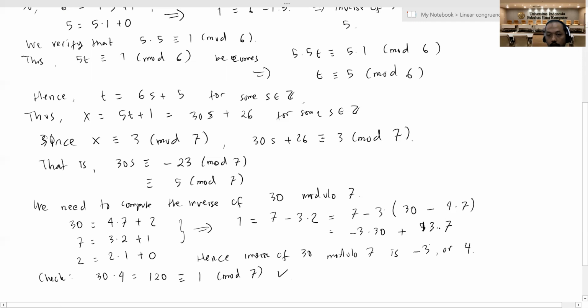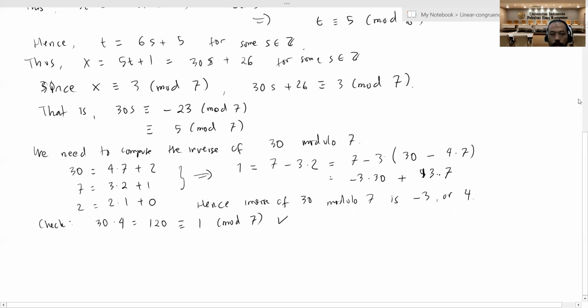And from here we know that 30s is congruent to 5 modulo 7. Now this becomes 4 times 30s is congruent to 4 times 5, which is congruent to 20, which is congruent to 6 modulo 7.